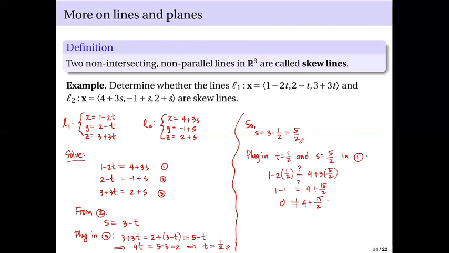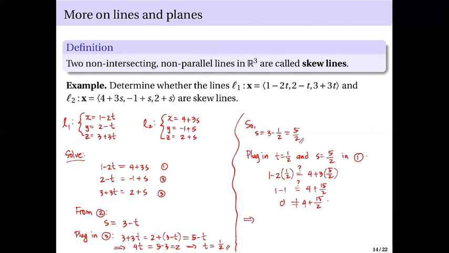And there are no other possible solutions. Because these values, t and s, will solve equations 2 and 3 as a system, but does not solve the complete system here, meaning including equation 1.